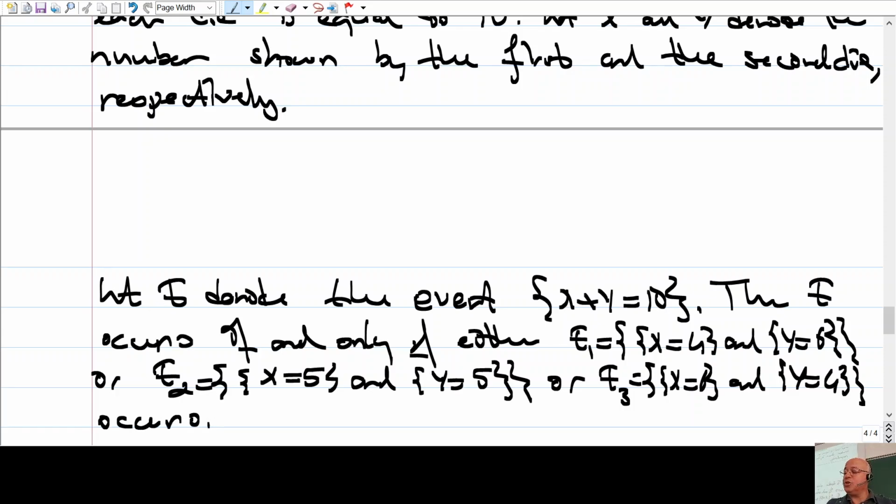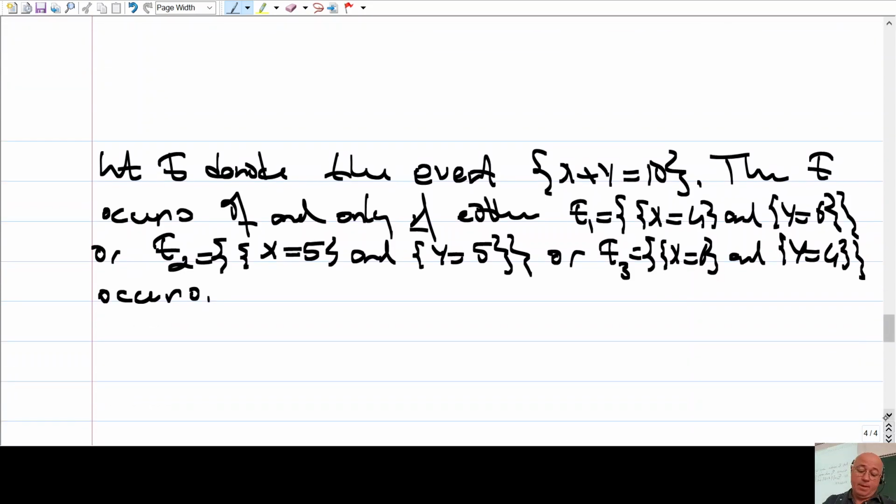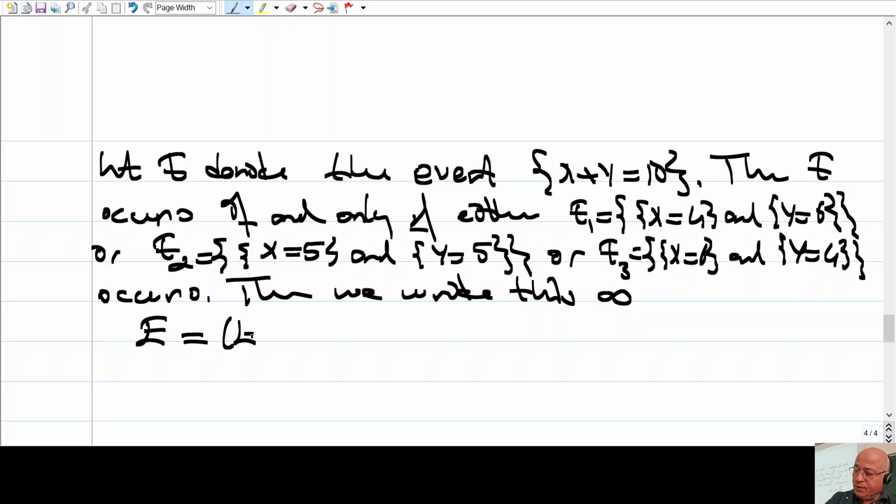So E occurs if and only if either E1 or E2 or E3 occurs. In this case, we write the event E is equal to E1 or E2 or E3. So E occurring is equivalent to one of these three occurring.